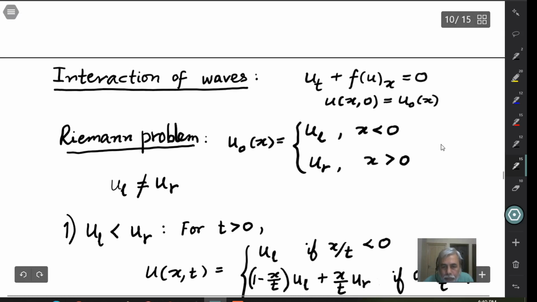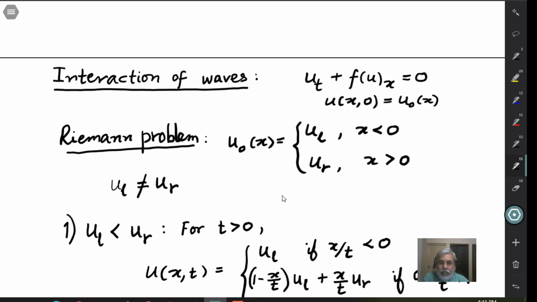In general, if we take a bounded u0, it is possible to break the x-axis into small intervals where we can approximate u0 by constants, for example taking either the maximum or the minimum in that small interval.